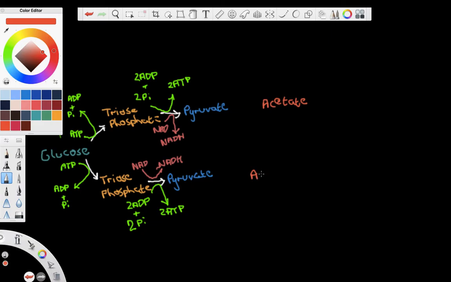Which is then turned into a molecule of acetyl coenzyme A. Acetyl coenzyme A. And we're going to have that at the bottom as well.